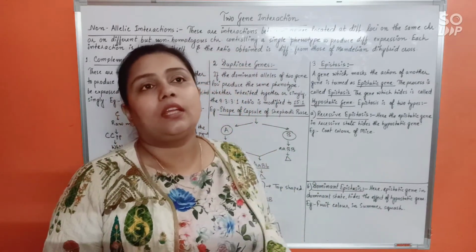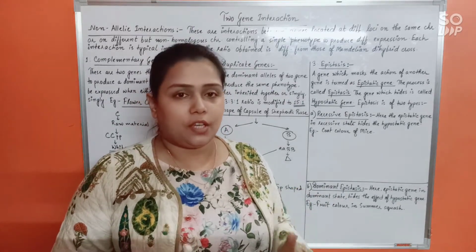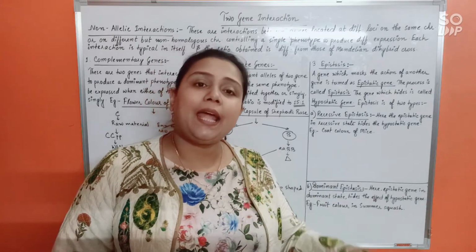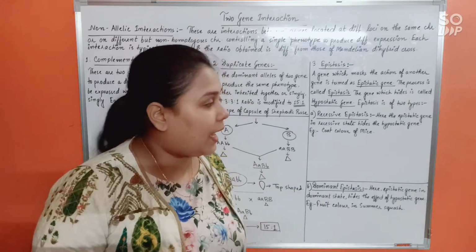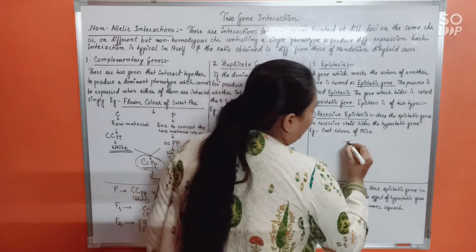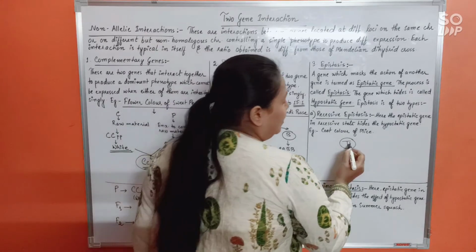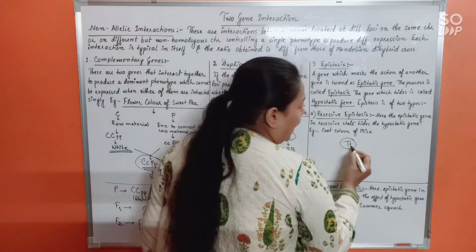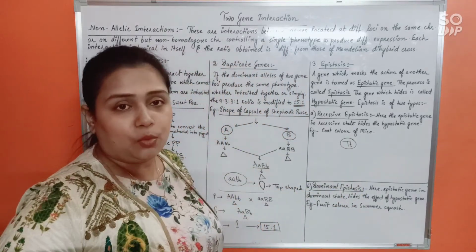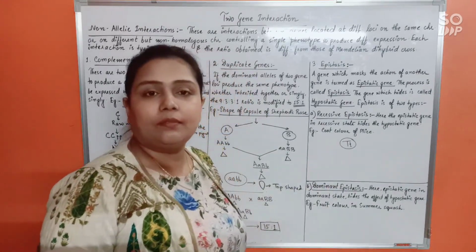Now, epistatic gene is something very simple to understand. It's basically two genes that interact in a manner so that one gene will hide the effect of the other. Just like in Mendel's monohybrid cross, when it was capital T small t, in this combination capital T is masking small t, or small t hides under the effect of capital T, isn't it?